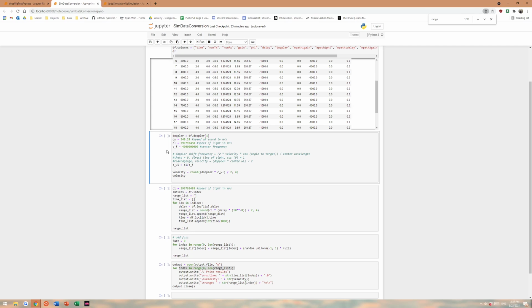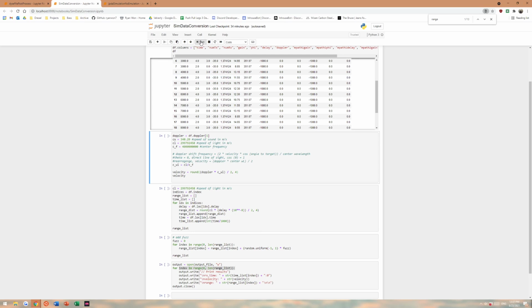Using the equation of the Doppler shift frequency being 2 times velocity times the cosine of the angle of the target divided by the center wavelength, where here it's cosine of 0 since we're in direct line of sight of the target, we rearranged it and got that the velocity is equal to the Doppler shift frequency times the center wavelength, divided by 2. The center frequency was 4 gigahertz, so we took the speed of light divided by that center frequency to get the center wavelength.